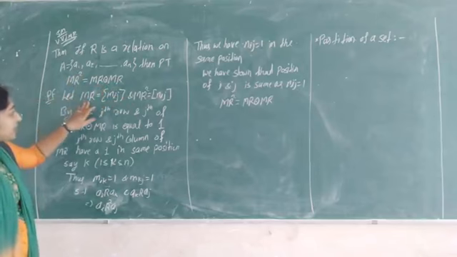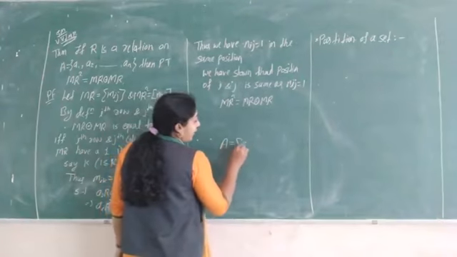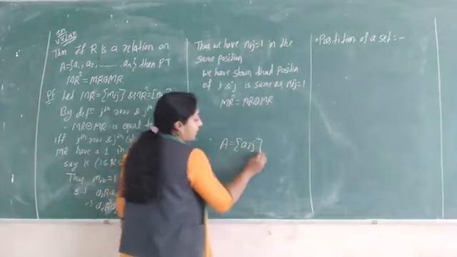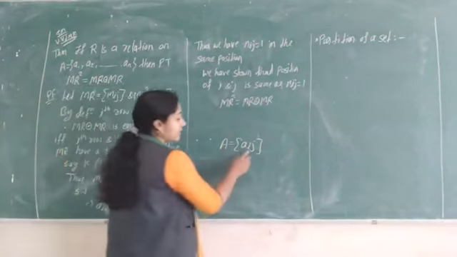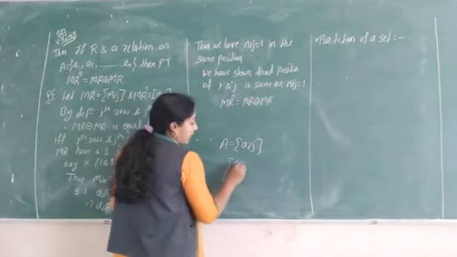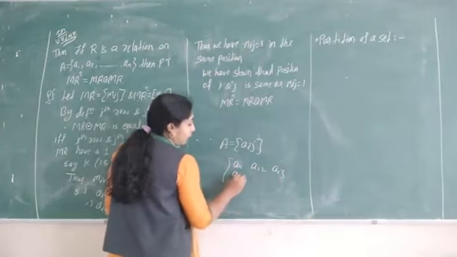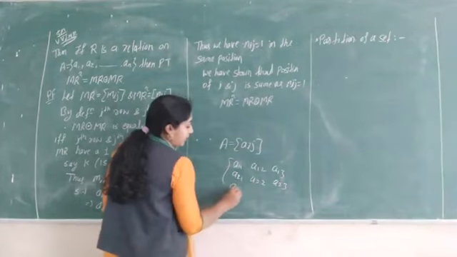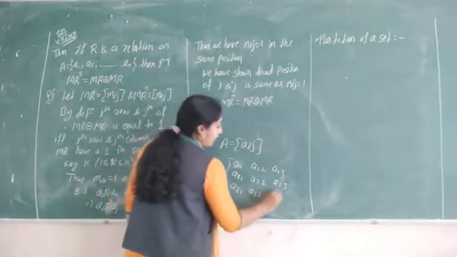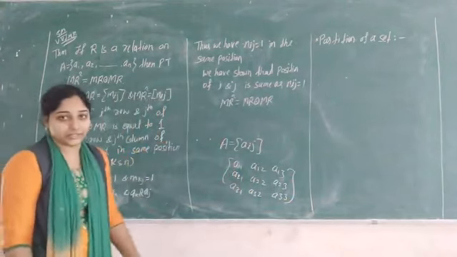For that, let us take the matrix. In general, we denote the matrix A as Aij. I have already explained this. For example, in general, A11, A12, A13, A21, A22, A23, A31, A32, A33. This is a matrix of order 3, the general representation.